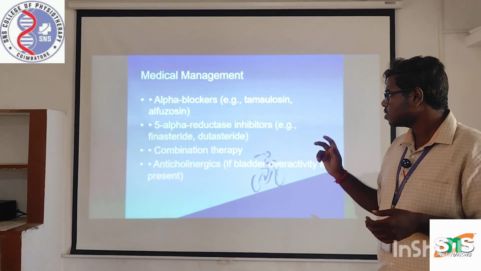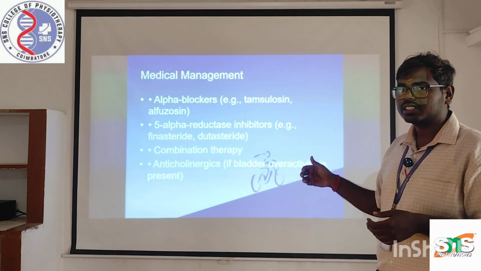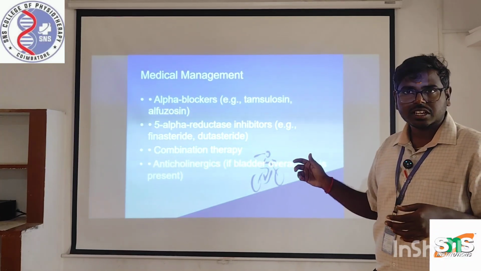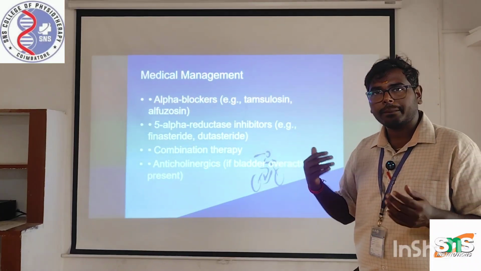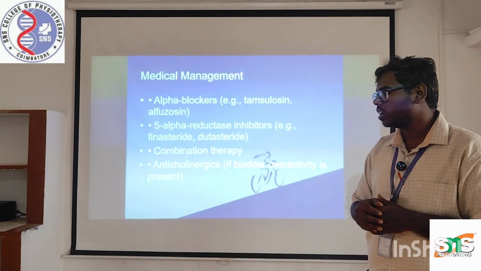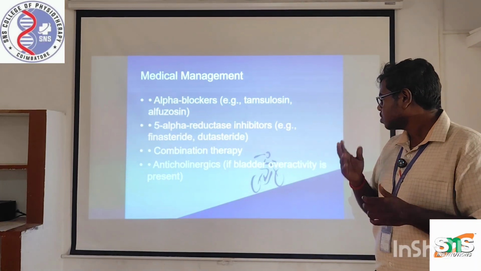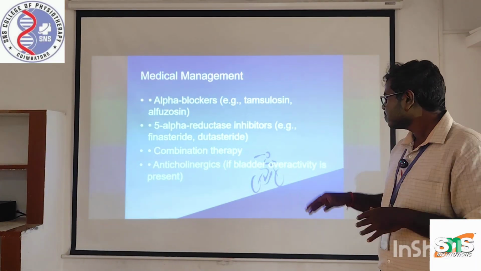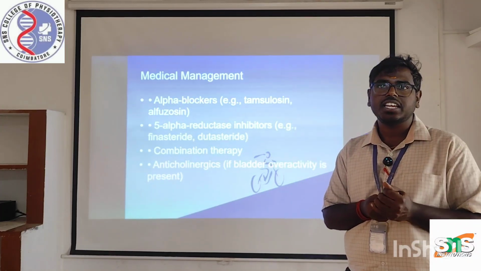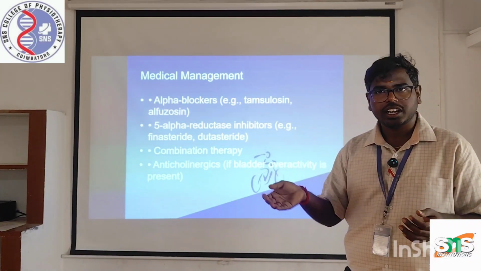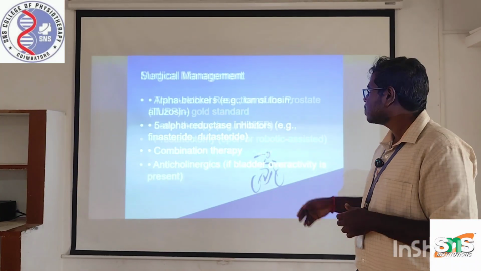The second drug is 5-alpha reductase inhibitors. The third one is combination therapy, where the previous drugs are given in combination to the person affected by BPH. And finally anticholinergics. If the inner layer of the bladder is affected or injured, anticholinergic drugs are prescribed to treat that condition.